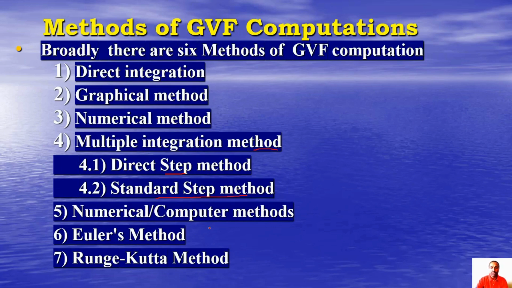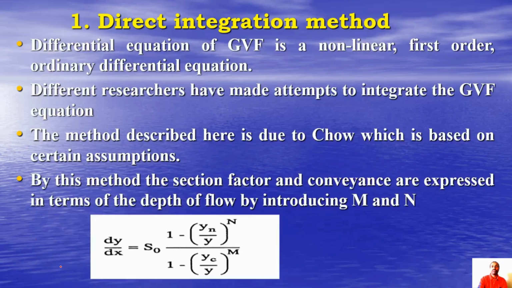The fifth one is numerical or computer methods, such as MathCAD, Excel and other computer programs. Euler's method is used for each dx step to calculate the depth of water. And of course the Runge-Kutta method, which is a fourth order method. These are the methods to compute the gradually varied flow profile.